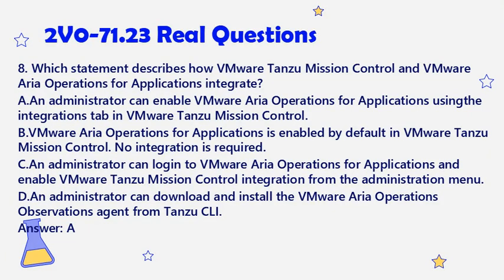No integration is required. C. An administrator can log into VMware Aria Operations for Applications and enable VMware Tanzu Mission Control integration from the administration menu. D. An administrator can download and install the VMware Aria Operations Observations Agent from Tanzu CLI. Answer: A.